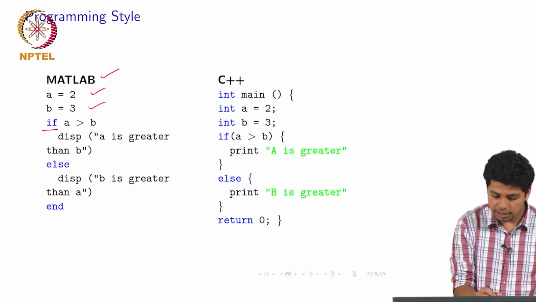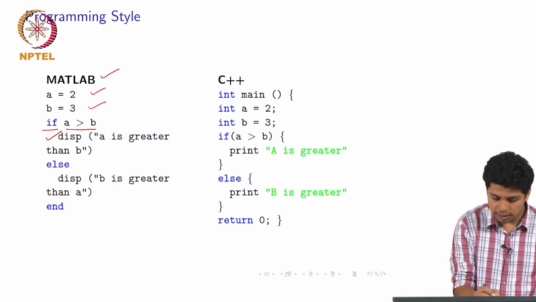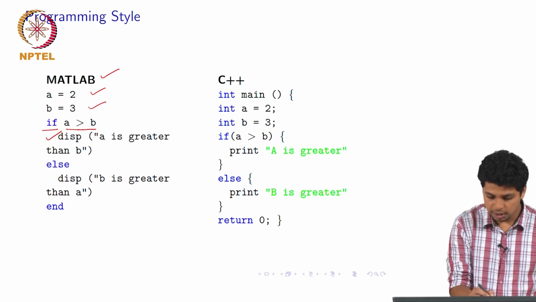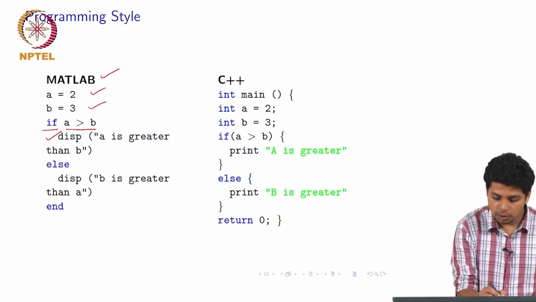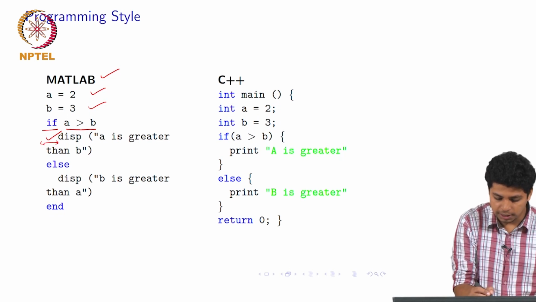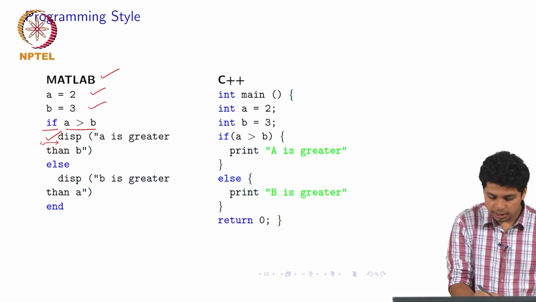If A is greater than B, then it will display that A is greater than B. This is the syntax for displaying: disp is the function, and you put a bracket and an inverted comma, and whatever text you want displayed inside. You can see that there is a space here. This is what I mean by indentation. And then there is an else statement, where you display that B is greater than A, and you end it.